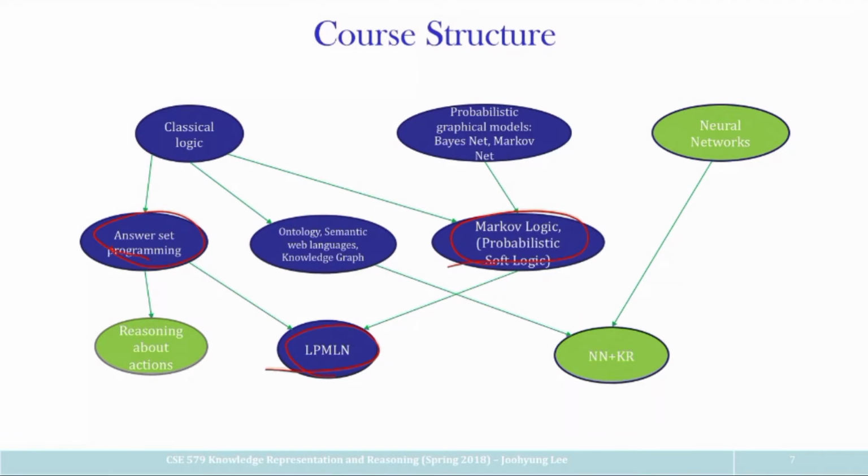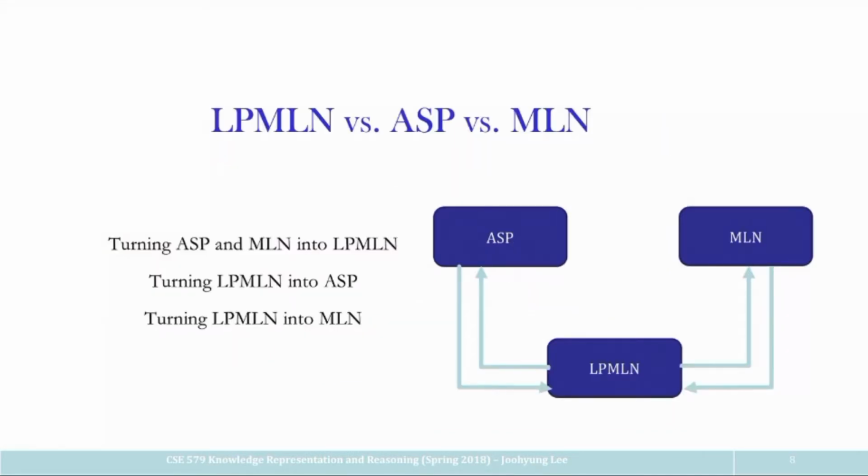Maybe by now you know how this can be related to this, but let's make it more formal. Today we are going to see many different translations. You can understand ASP as a special case of LPMLN, which is no surprise. Markov logic as a special case of LPMLN is a bit more surprising, but not too much. What's more interesting is that LPMLN can be converted back to ASP as well as Markov logic.